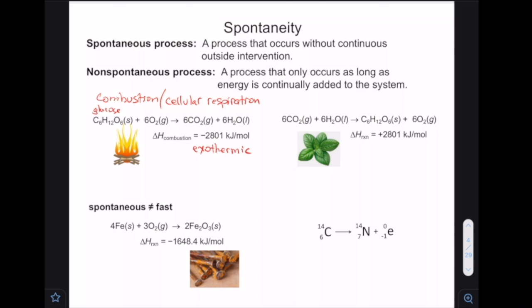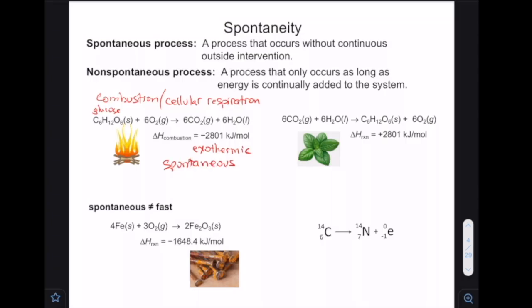Although you do have to ignite it, and we'll be talking about that little bit of activation energy that we need to add to a reaction to get it to go. But once this reaction starts, it keeps on going without having to give any more energy into the system. So this is a spontaneous process.